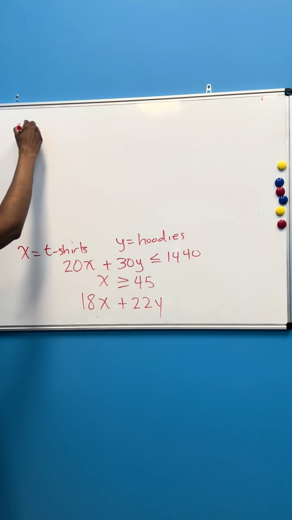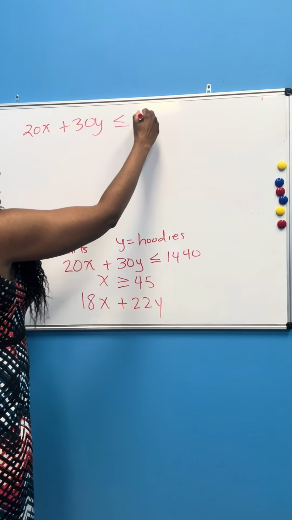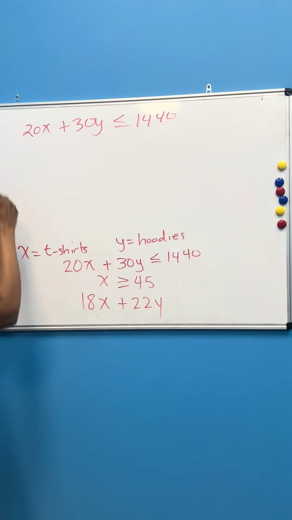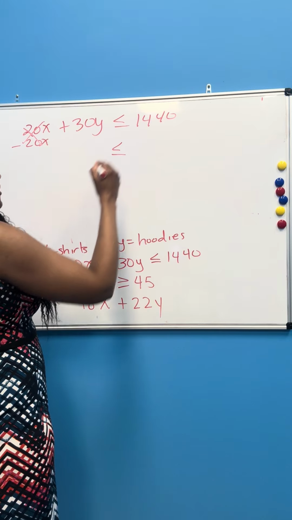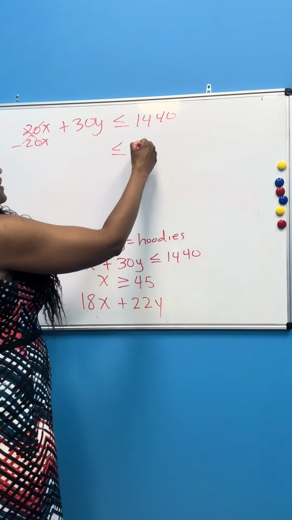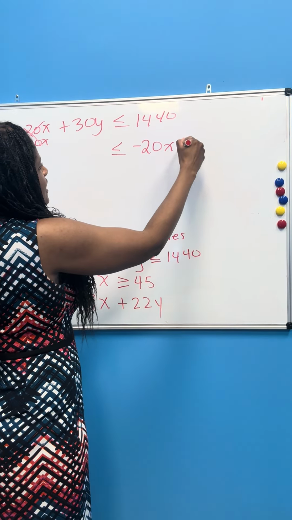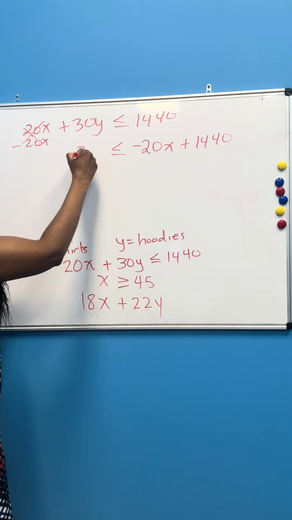To change it to slope-intercept form, I would move the 20x over. You subtract 20x on both sides. So when I move the 20x over, it'll be negative 20x plus 1,440, and we have 30y.